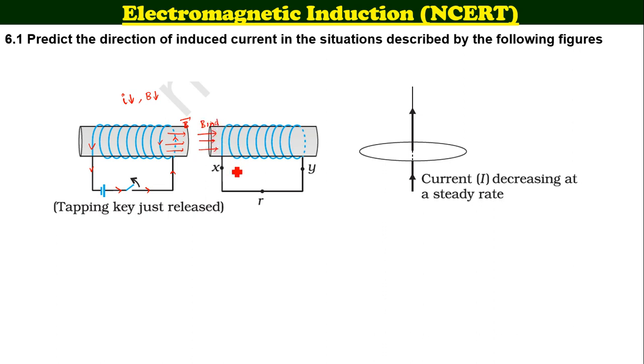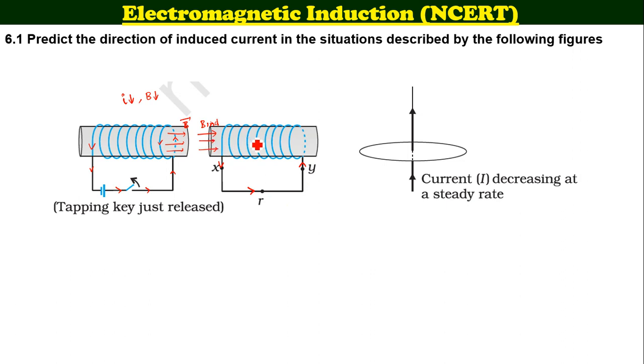That means, take your right hand and curl your fingers in such a way that the current is going in this direction. If current is flowing in this direction, then only is it possible to have the induced magnetic field in this direction.